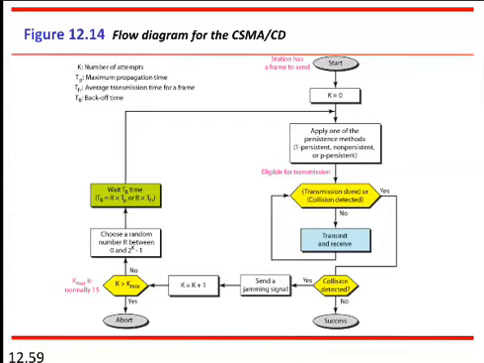If the transmission is done and a collision is detected, then the station sends a jamming signal, and to send the next data, it has to complete the back-off time. In a similar way, up to 15 attempts, K maximum will be 15. And after that, once again the station senses the medium.